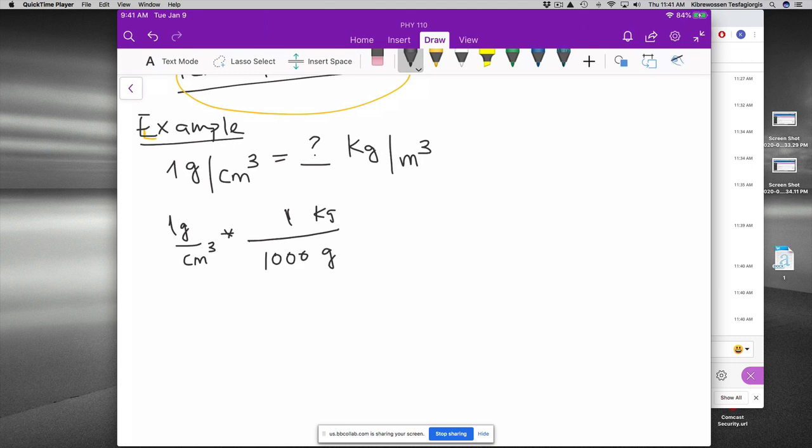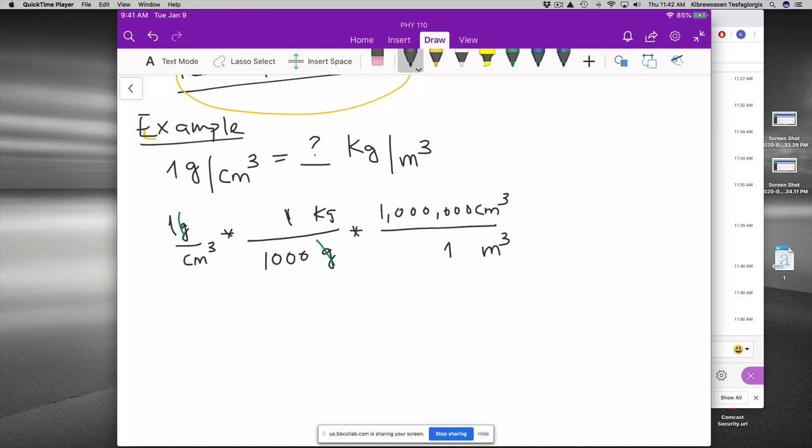So therefore, the gram will eliminate the gram part, and then of course you need to replace the centimeter cube by meter cube. So you need to have a centimeter cubed here and replace it by meter cubed. We already did a conversion between those two. For 1 meter cube, you already have a million or 10 to the power of 6 centimeter cube. This is the example that we just did. Or you can do this the other way around.